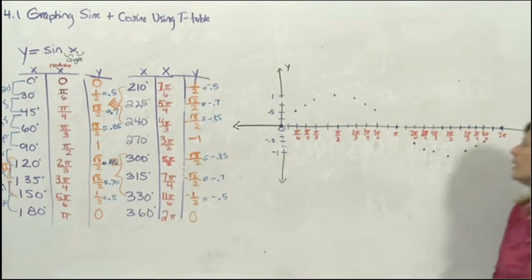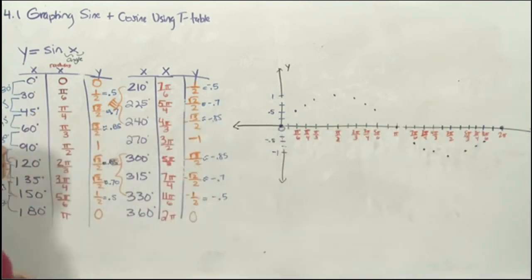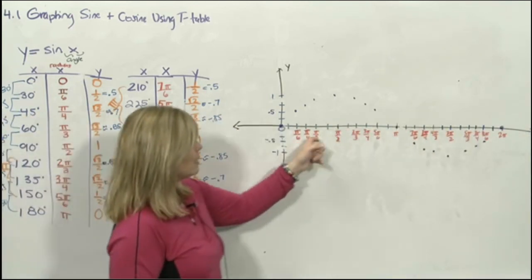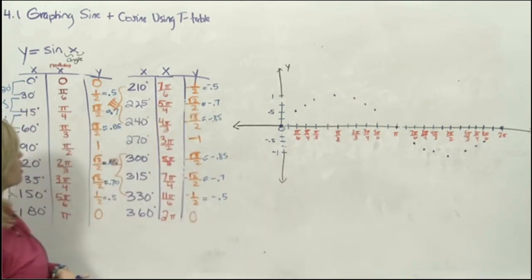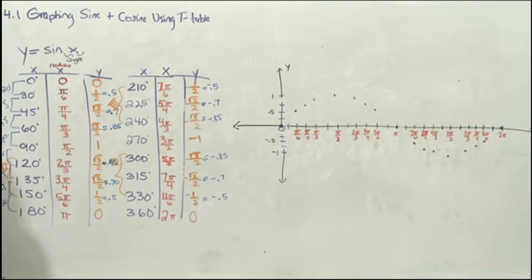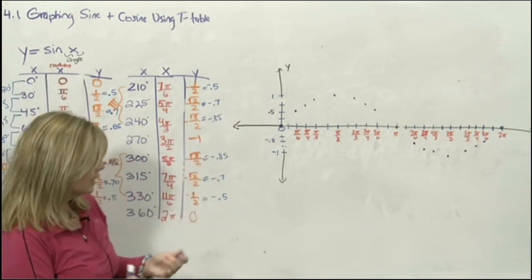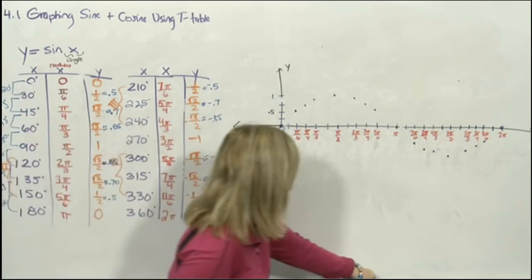All I did was plot my points. Everywhere I have a radian measured label, there better be a point that matches it. How did I know where my points went? I looked at my x values, I converted them. I looked at my x's, which were my radians, took my y values, converted them to decimals so I could plot. Now it becomes a connect the dot.